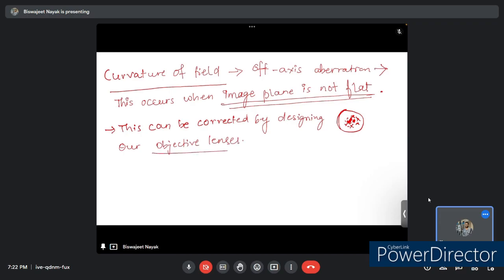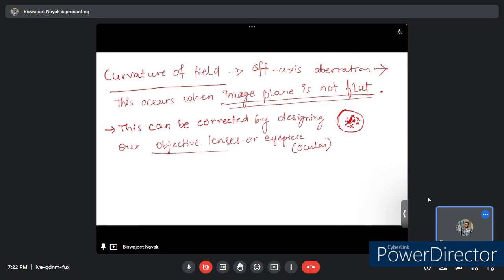And sometimes we can also design our eyepiece in such a manner that we can diminish it. It's very difficult to resolve this problem totally. We can diminish its effect to a larger extent.